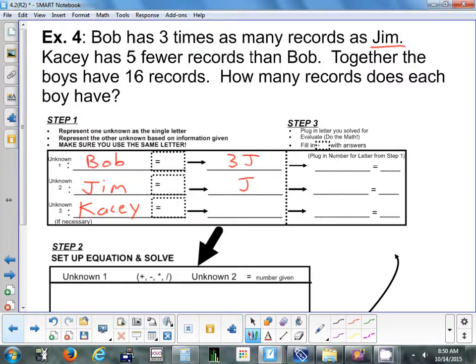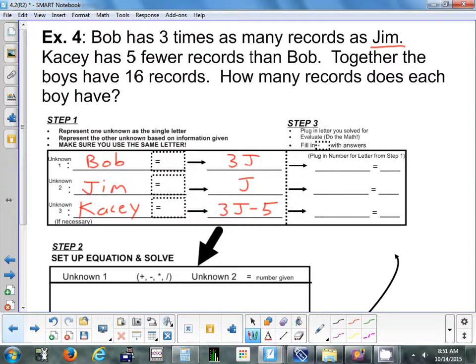How would you represent 5 fewer than Bob? Basically, take Bob and decrease it by 5. Yep, is it going to be 3J minus 5? Perfect, yep. This is where it's important to make sure you get Bob right, because if you mess up Bob, then we're automatically going to mess up Casey. Okay? Right, so there's all our expressions.